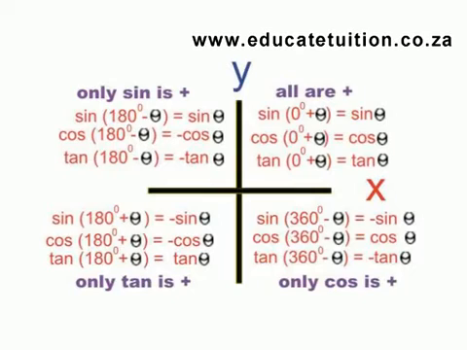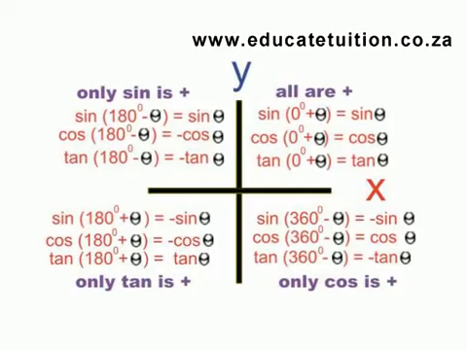It's 180 degrees minus theta, which means that it's falling in the second quadrant. In the second quadrant, you will recall that cos is negative. Hence, cos of anything that falls in the second quadrant will work out to be negative. Tan of 180 degrees minus theta is equal to negative tan theta.